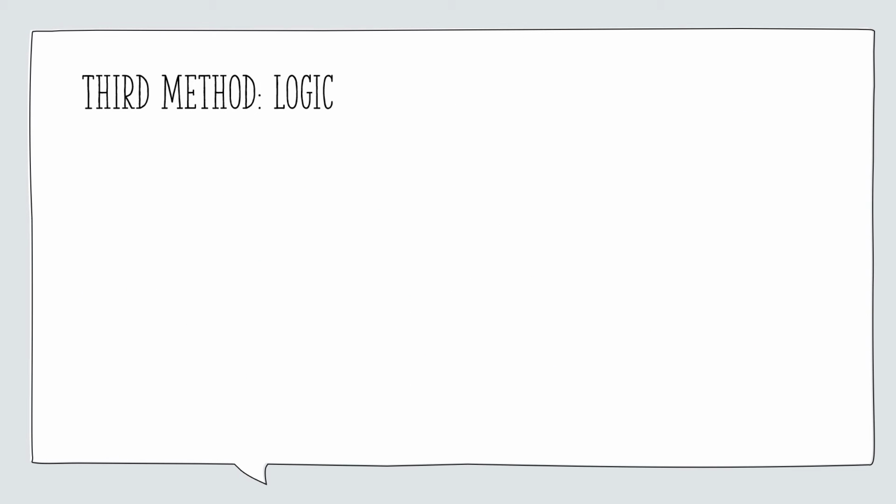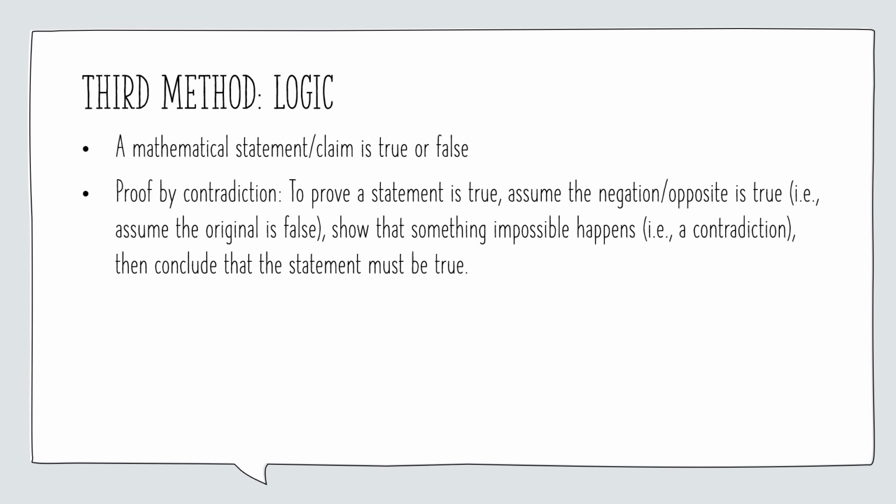So our third method uses a little bit of mathematical logic. All right, probably a lot of mathematical logic, but let's start from the beginning. A mathematical statement or a claim is either true or it's false, one or the other. So there's this method for proving that a statement is true called proof by contradiction. The way that it works is that if you want to prove a statement is true, you actually assume that the negation of the statement, or the opposite of the statement, is true.